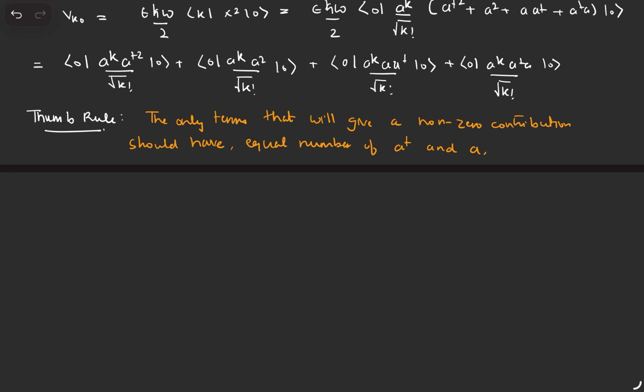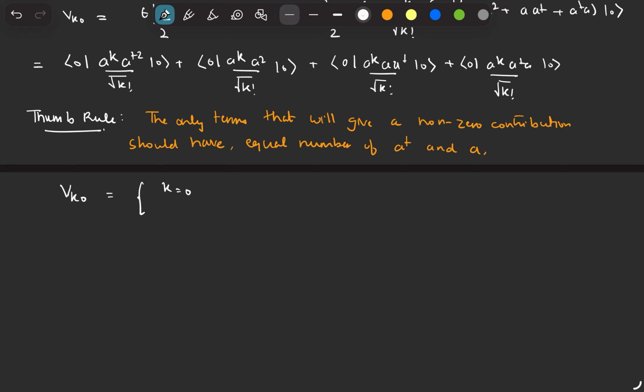So in principle we could have vk0 be non-zero only if either k equals 0 or k equals 2. These are the only two ways in which you could have a finite matrix element. Otherwise you won't, because of the thumb rule I have just written, and this thumb rule works.